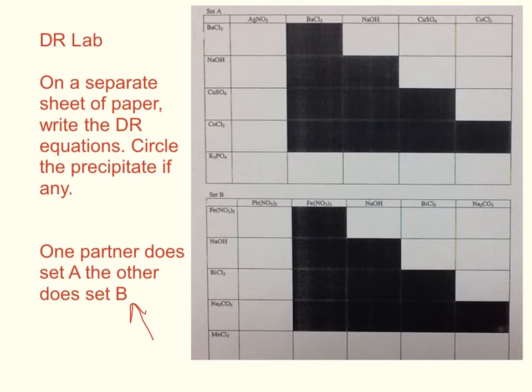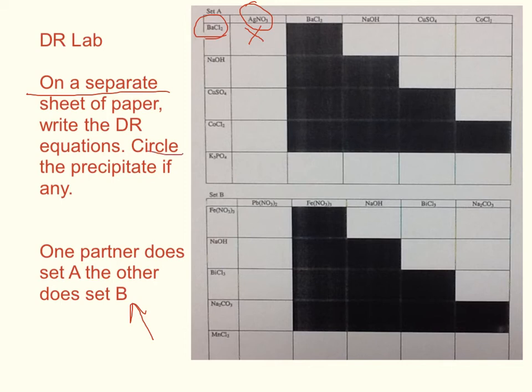So for instance, if you are going to use this block, on your own piece of paper, you are going to write the equation for BaCl2 plus AgNO3. Then go ahead and do the split, rearrange them on the other side, and check for precipitates.